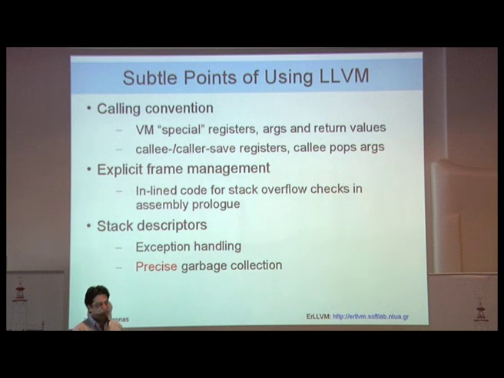It actually is pretty bad for languages that need precise garbage collection. Perhaps it's good for supporting conservative garbage collection in C-like languages, but if you want precise garbage collection, it's actually not very good. And this is an area that we want to work further.